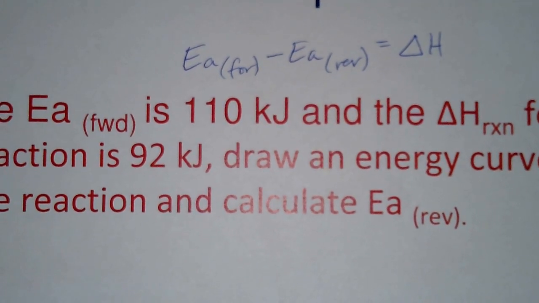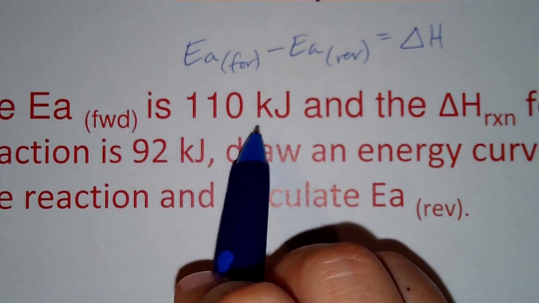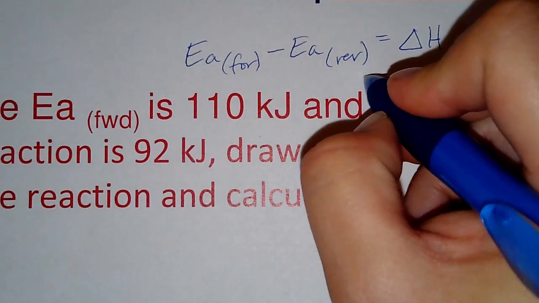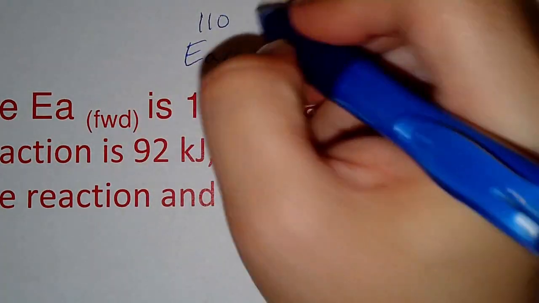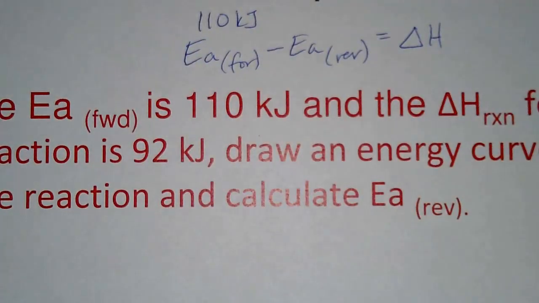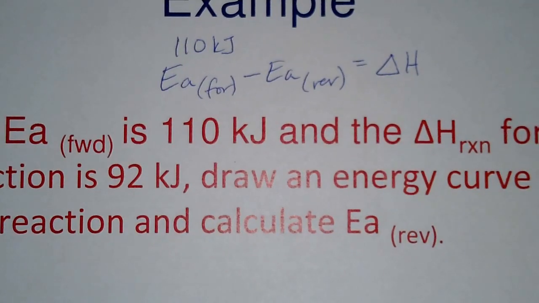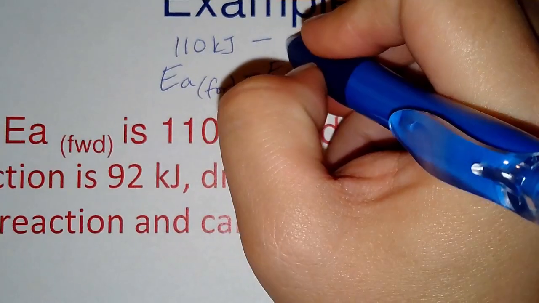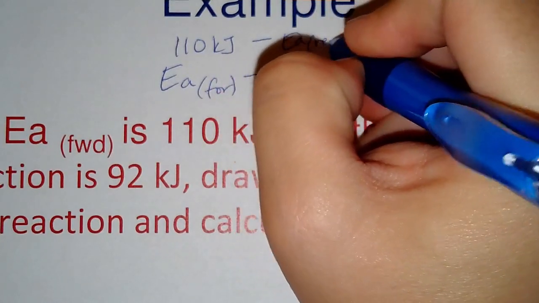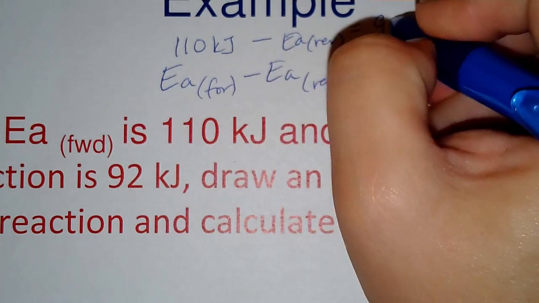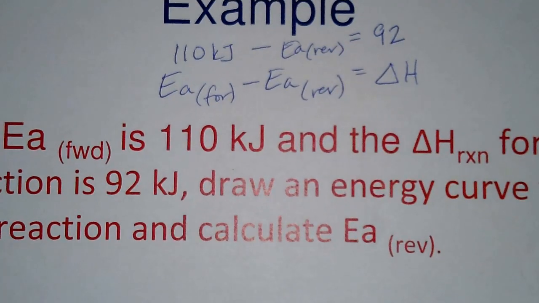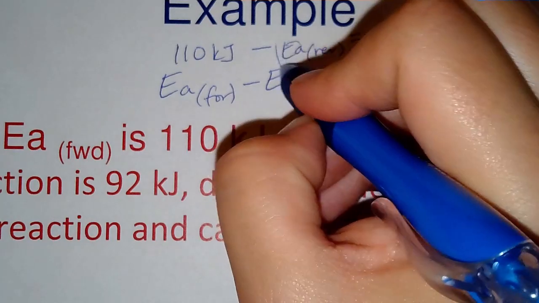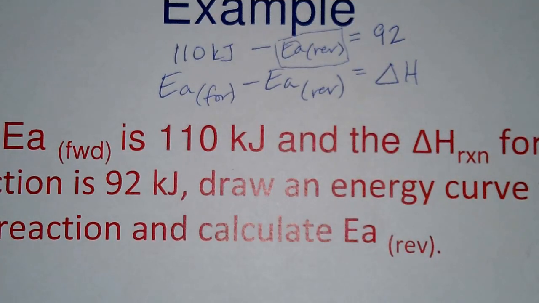So we're given the activation energy of the forward is 110 kilojoules. And we're given our delta H is 92. So I can fill that in. Now we just have one variable, our activation energy of the reverse.